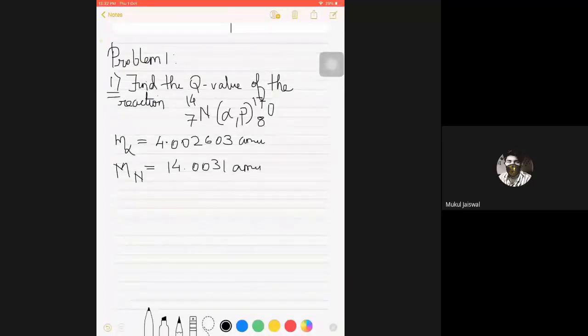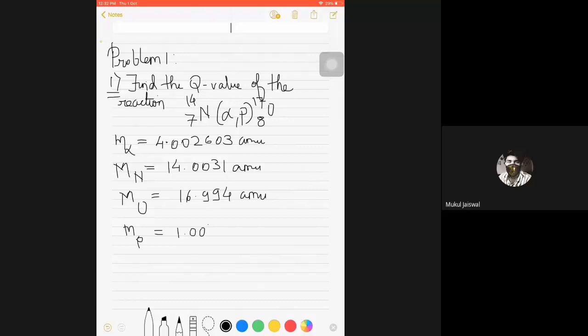Mass of the residual nucleus, which is oxygen, comes out to be 16.994 AMU, and mass of the proton comes out to be 1.007825 u. Is that clear? Now you have been asked to find out the Q value.